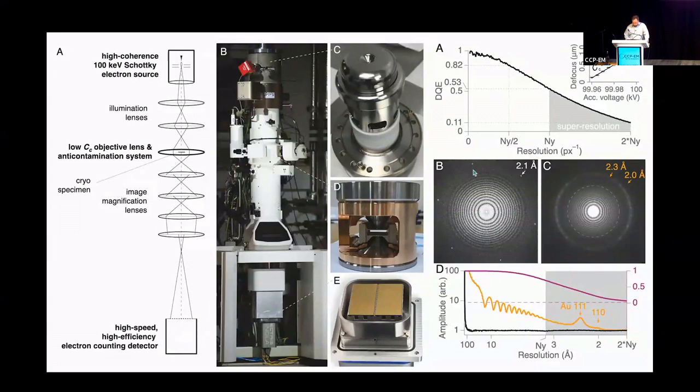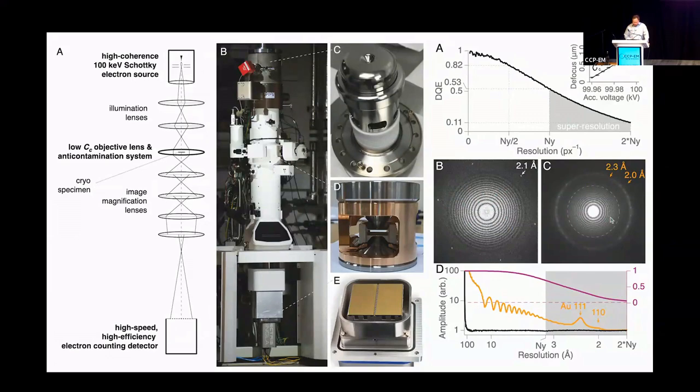And then we put in some test specimens to see how it looks in terms of an actual image. So this is a little bit of amorphous carbon on graphene, imaged at fairly high magnification, but not terribly high. You can see the 2.1 angstrom reflection very nicely coming through in the signal. This is not a super resolution micrograph, but this is.